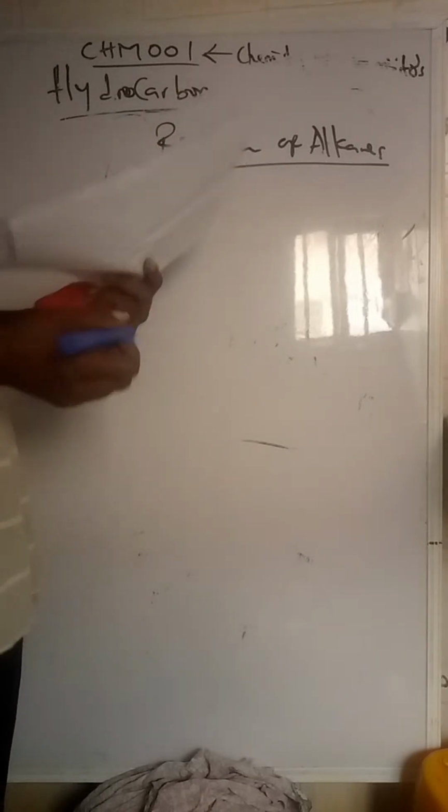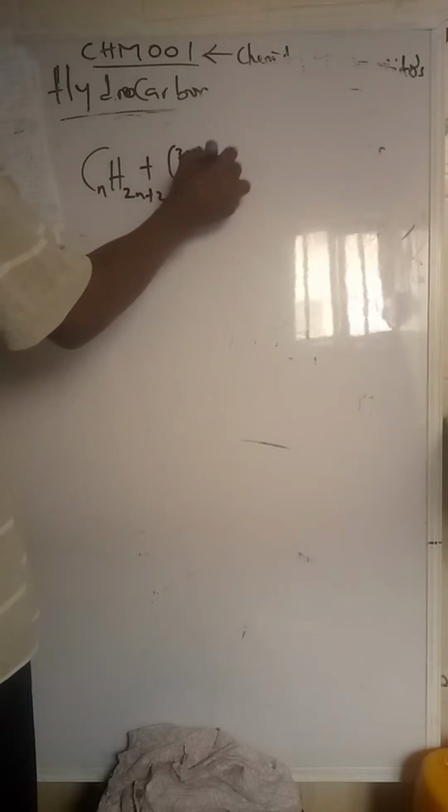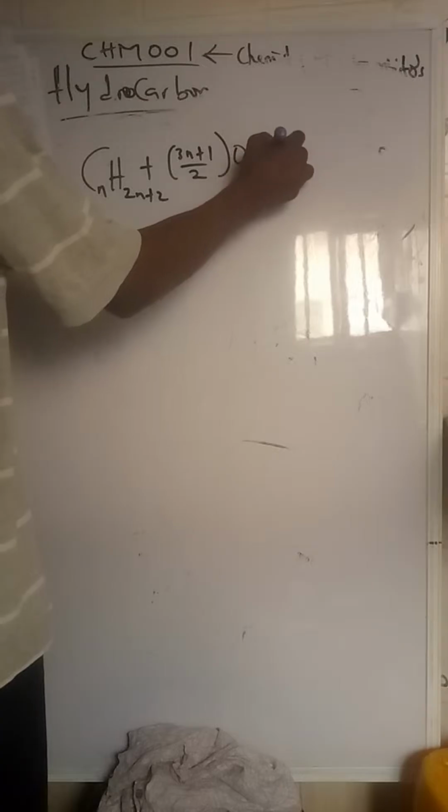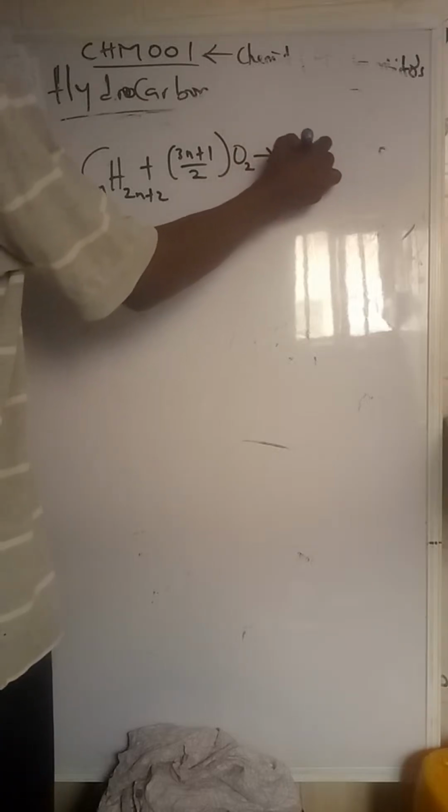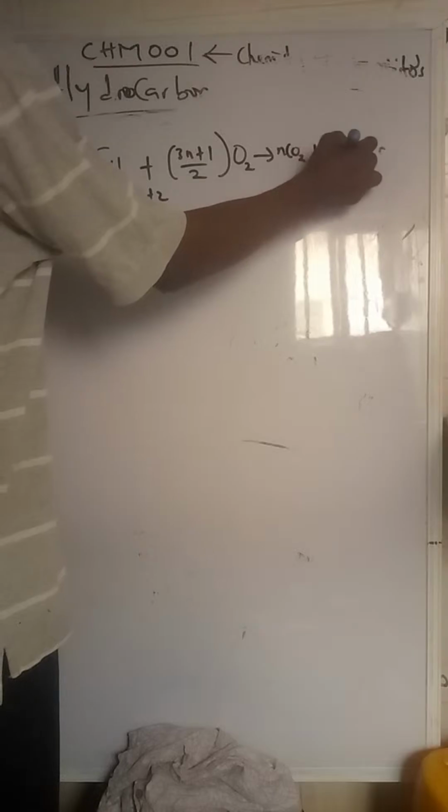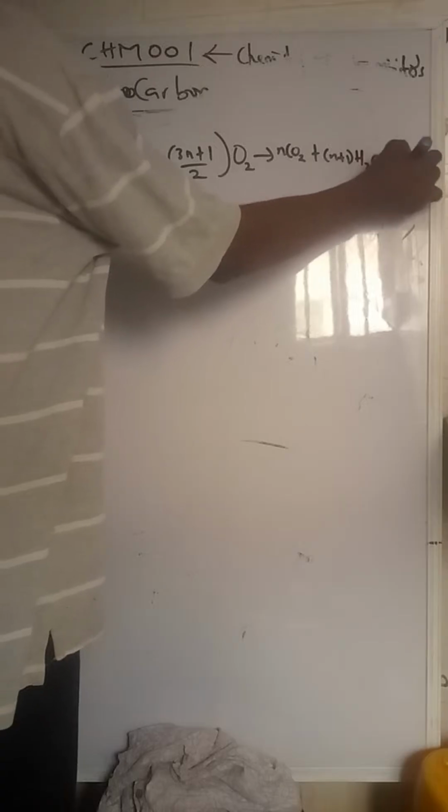Now, what is the equation for the combustion? We are going to do a few examples. Now, the combustion equation for alkane is given as CnH2n+2, the formula comes first, plus (3n+1)/2 O2 to give nCO2 plus (n+1)H2O plus heat.